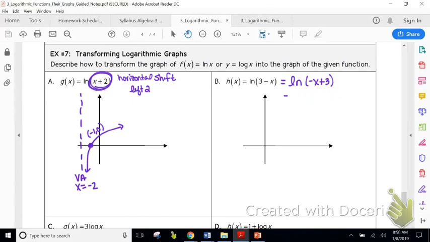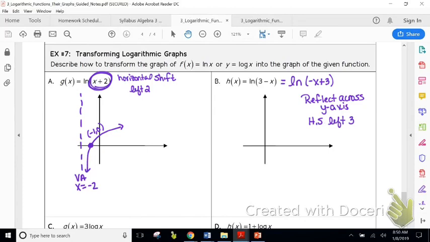So what does the negative tell me we're going to do? We're going to reflect across. Good. And what does the 3 tell me we're going to do? Yeah, it's a horizontal shift left 3.